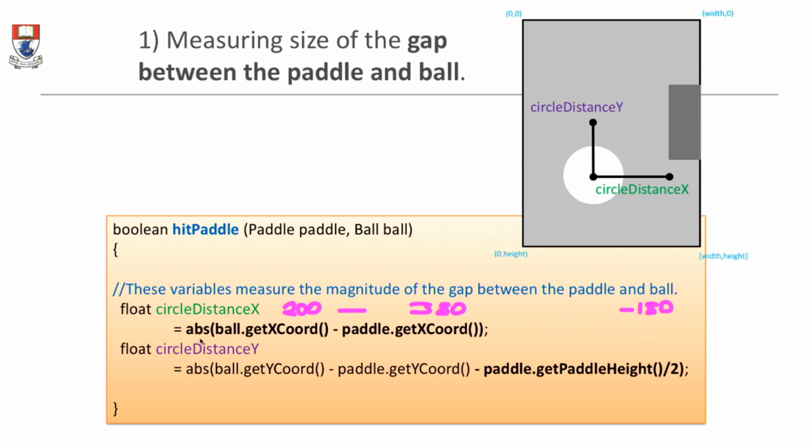Now the abs bit, absolute, basically is around all of this. So the absolute of minus 180 is just 180.